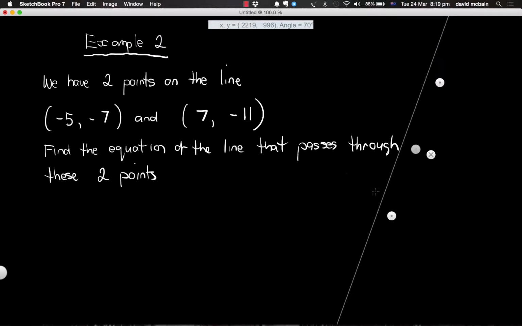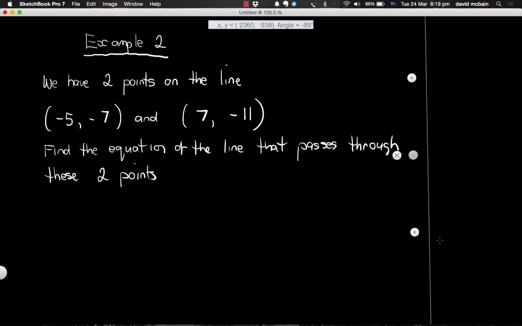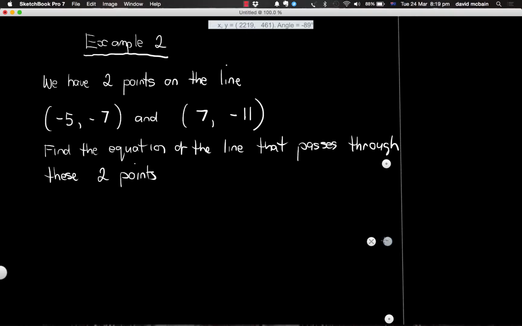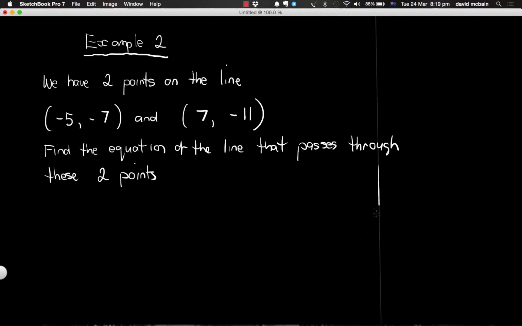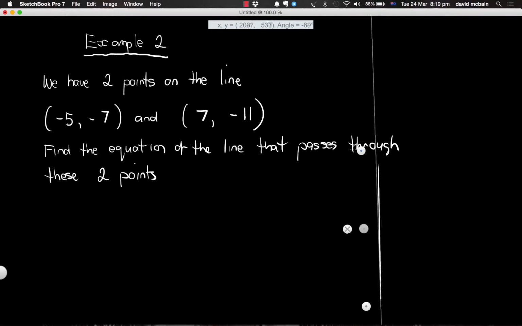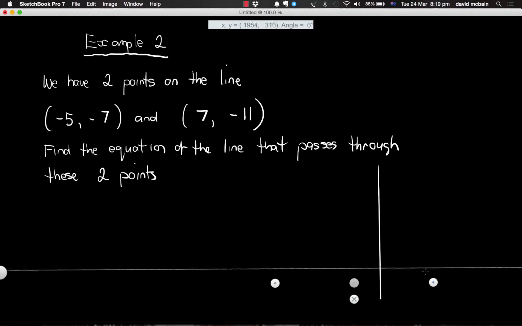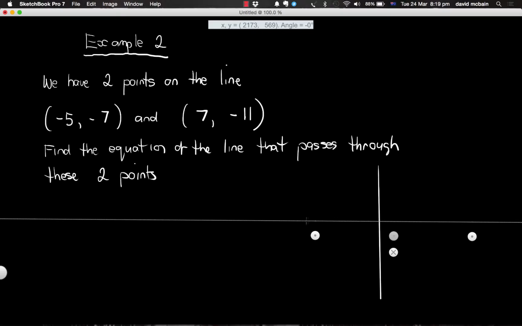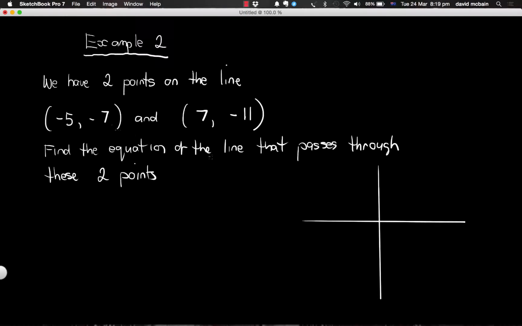So once again, I'll draw a little sketch just so we can see what we're doing. So I'll draw my little axes over here. So we've got the y-axis, and we have our x-axis, like that.